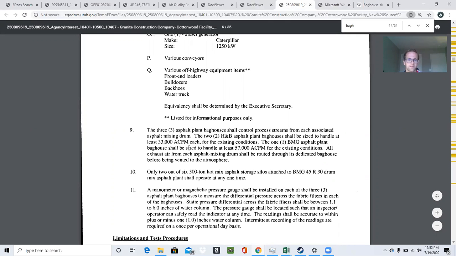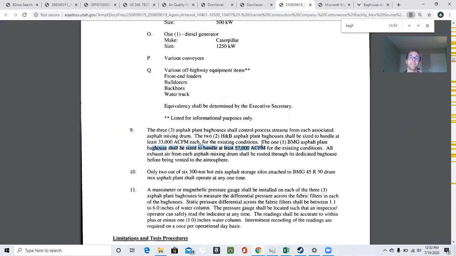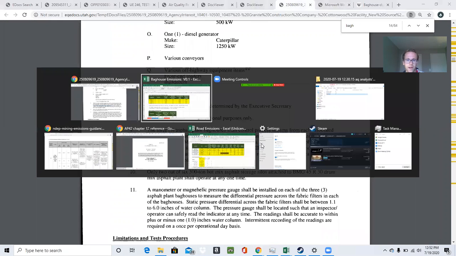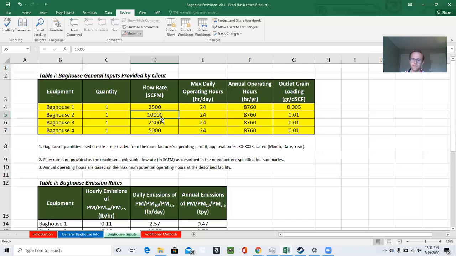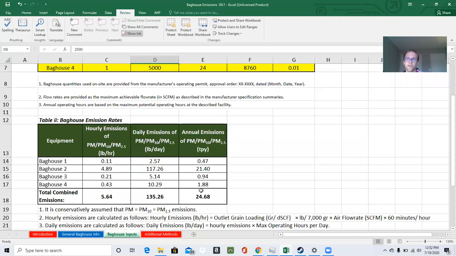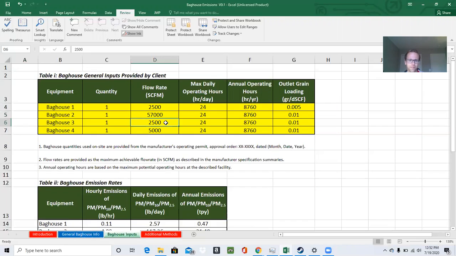And as you notice, the baghouse needs to be sized. Their single asphalt plant baghouse has to be sized to handle 57,000 ACFM for their conditions. Now, if we go back to our emission estimate, 57,000 is going to change our emissions from 7 tons per year to 24. So it is a big jump. But again, it is industry specific. So you can update all of those according to your size.